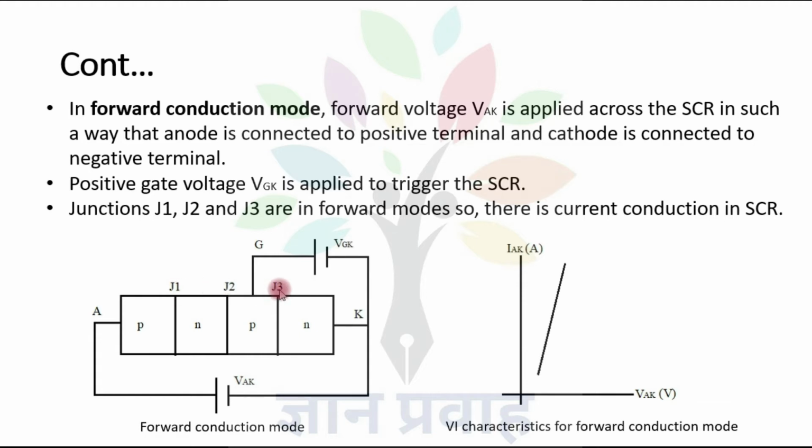So in forward conduction mode, all the three junctions are in forward bias and there is a current conduction, and this mode is the forward conduction mode. And the VI characteristics for forward conduction mode is given here. So at a particular voltage, when triggering is completed, then there is a current flow, and this current flow depends on the voltage application of VAK and VGK.